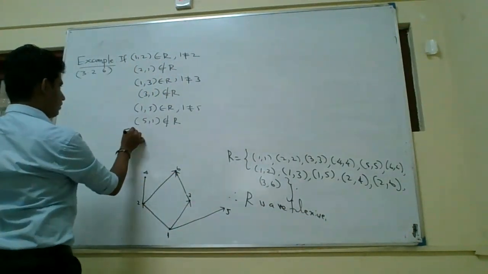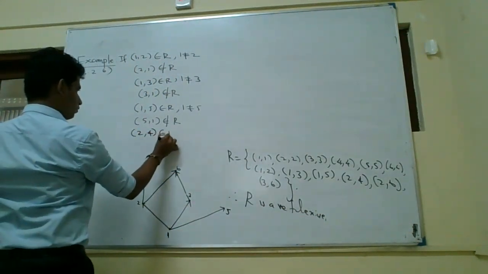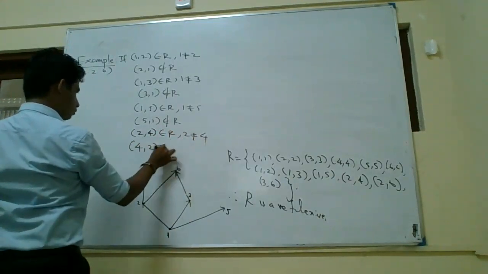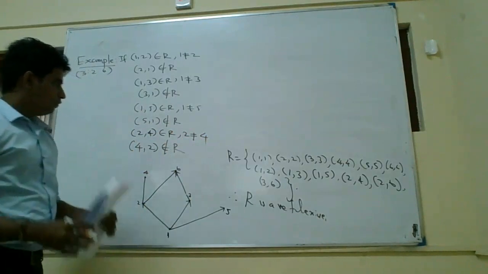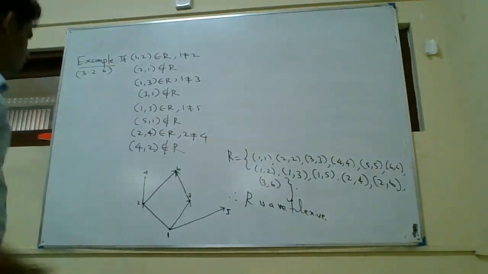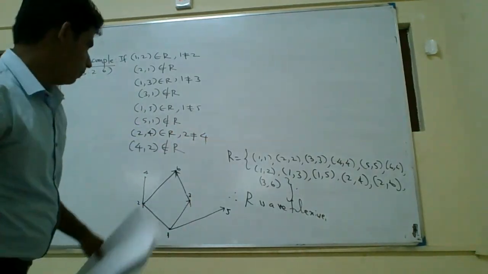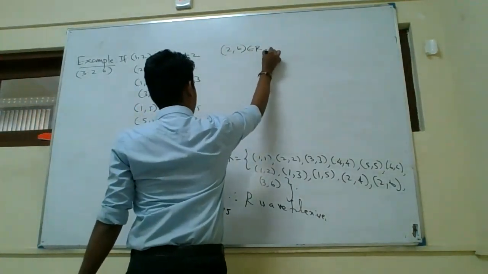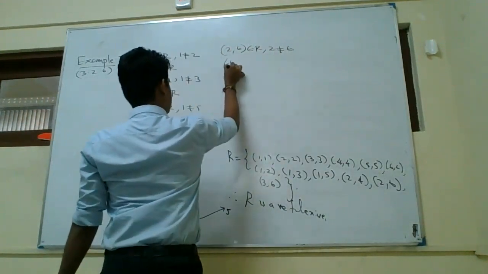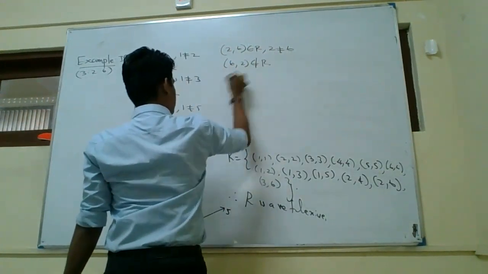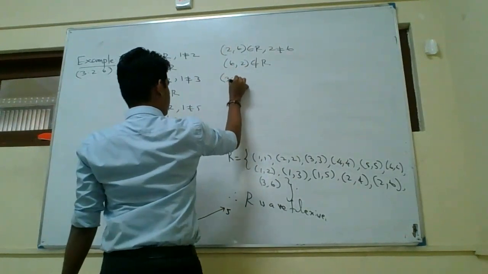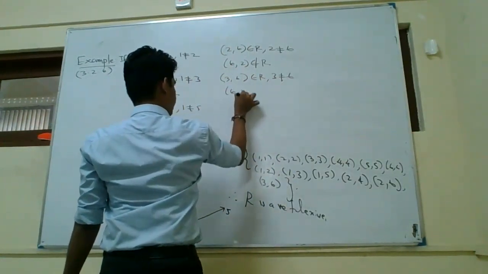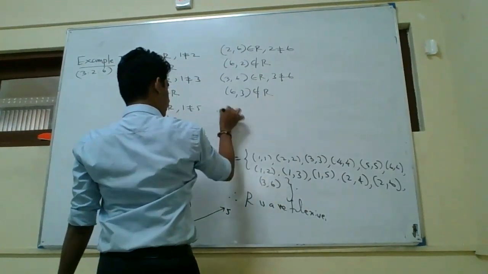Suppose 2, 4 belongs to R, 2 is not equal to 4, but 4, 2 does not belong to R. Now 2, 6 belongs to R, 2 is not equal to 6, but 6, 2 does not belong to R. Like that, the last one, 3, 6 belongs to R, 3 is not equal to 6, but 6, 3 does not belong to R. Therefore, antisymmetric.